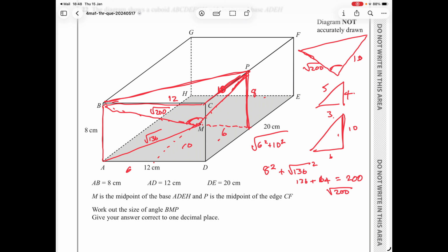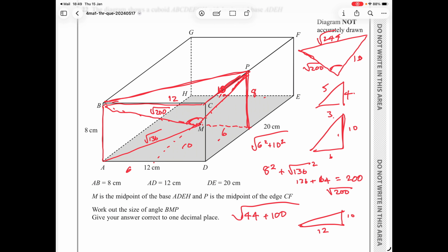I think I'm just going to use the cos rule once I get there. 10. So that's 12 by 10. So that would be 144 plus 100 square rooted, and that's the square root of 244.